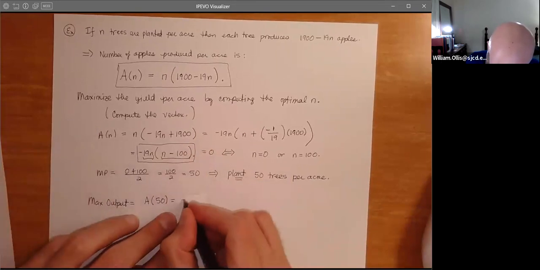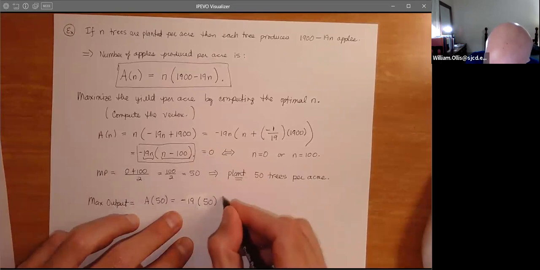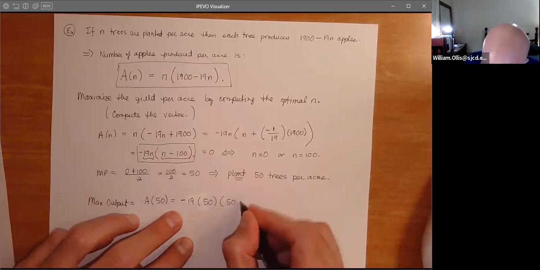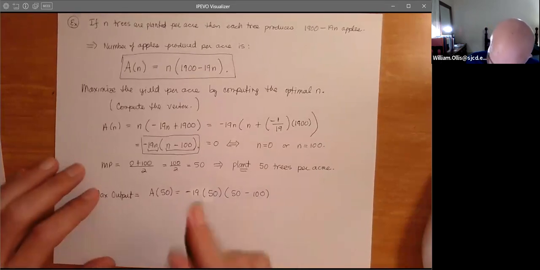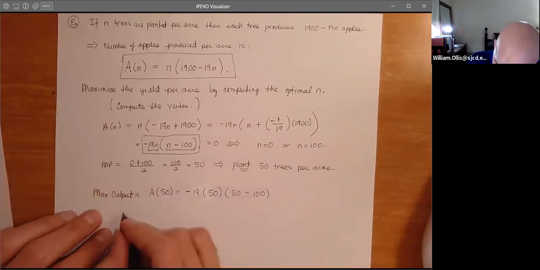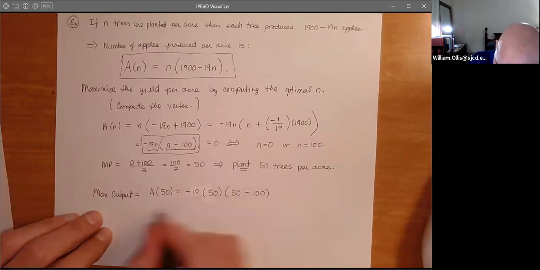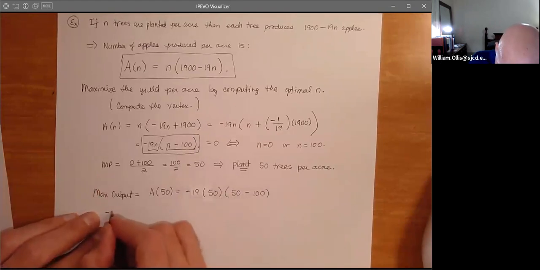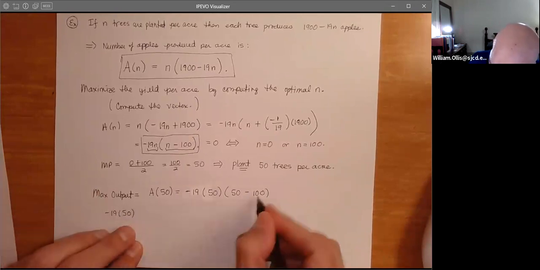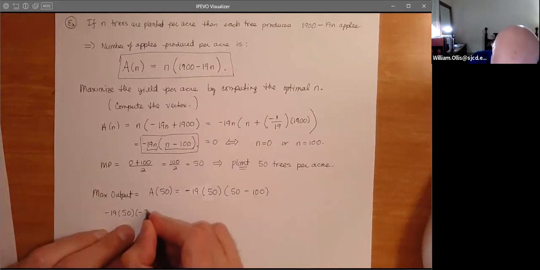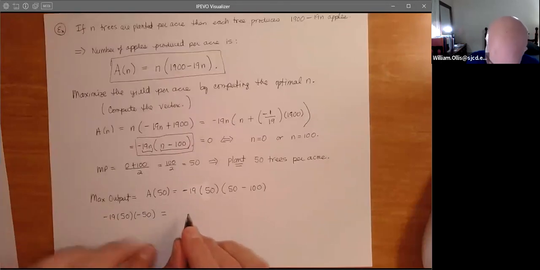So we have negative 19 times 50, and then 50 minus 100. So that's just negative 50. So in this case, we're going to go ahead and factor both of the negatives. So this will be a negative 19 times 50 times the negative 50. So two negatives are positive.